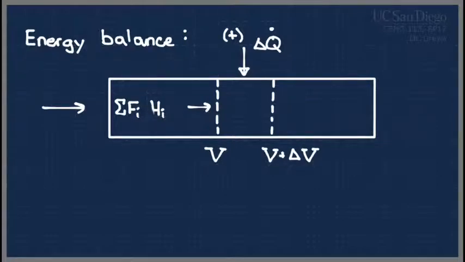It's not inlet to the reactor, it's what is it at volume V, right? It's inlet to our differential element, not inlet to the entire reactor. So I'm not going to use the zeros because I think that could be confusing. Coming out on the other side is the same thing, molar flow rates times enthalpies, but now they're just evaluated at a different location. So here they're evaluated at V plus delta V.